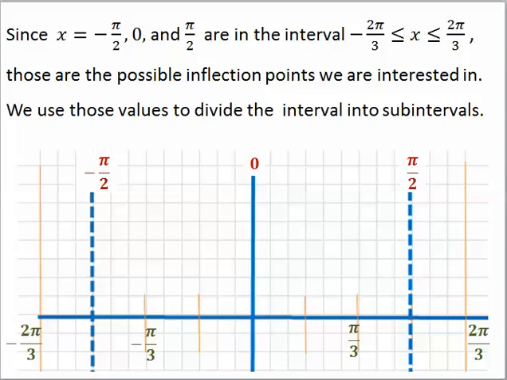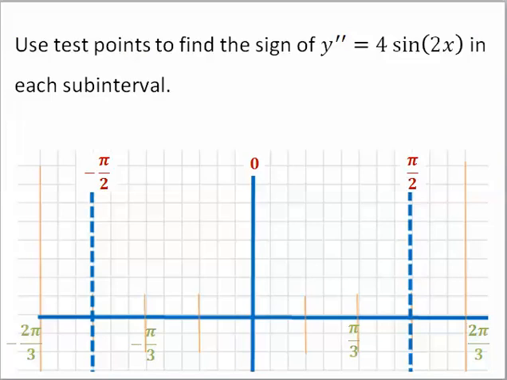And so those are the possible inflection points we are interested in. We use those values to divide the interval into subintervals, and then use test points to find the sign of y double prime in each subinterval.